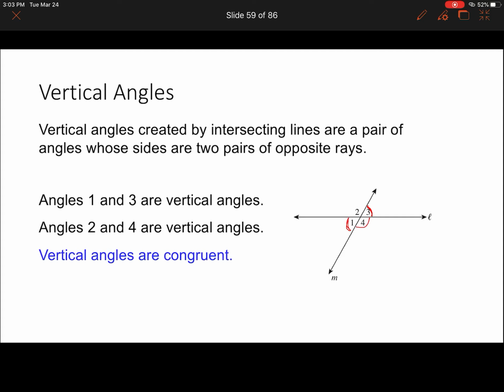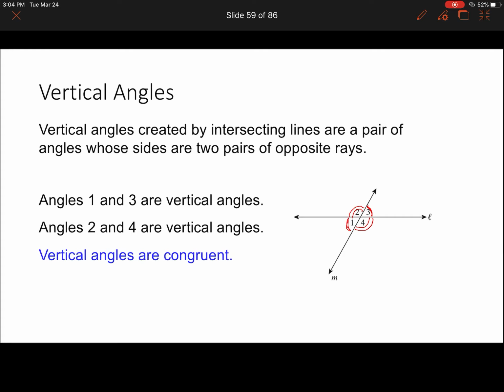So, for example, angle 1 in this example and angle 3 are considered to be vertical angles. And also, angle 4 and angle 2 are vertical angles.